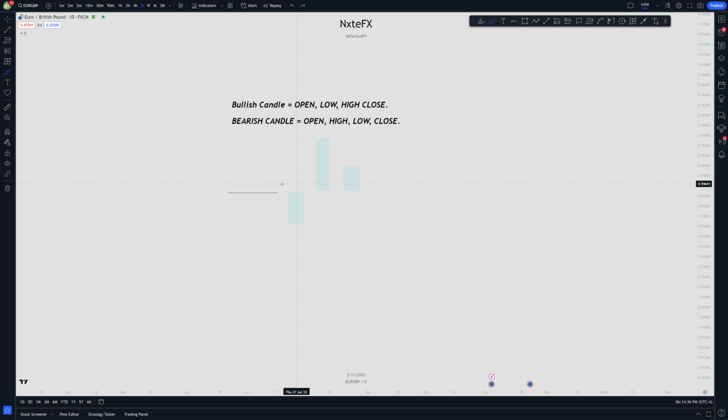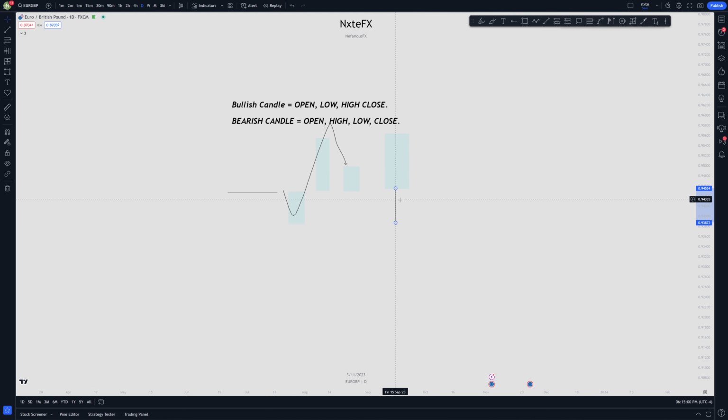So open, low, high, close. This is your candlestick, so let me quickly make it look better. This is a bullish candle. We open, we make the low, then we expand and make the high.